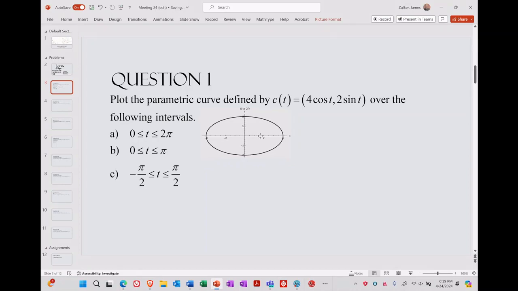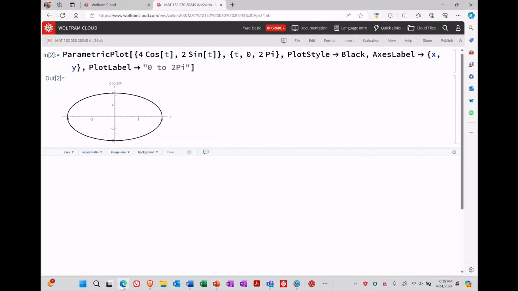Every parametric curve has a direction. The direction of a curve is just simply the direction in which t is increasing. We can show this on the plot using Wolfram.